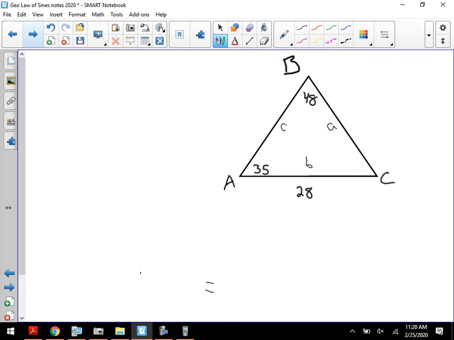I know I have to find angle C. I've got to find little c and little a. Sometimes it could be written as AB or side BC. Just remember that that's just what they're standing for, side opposites, okay?